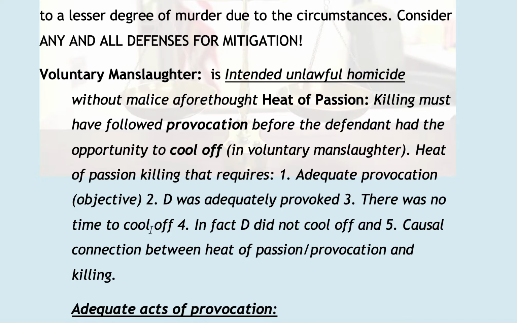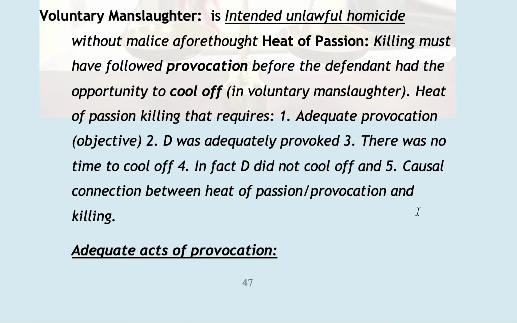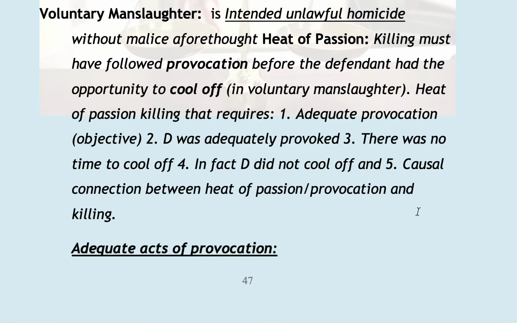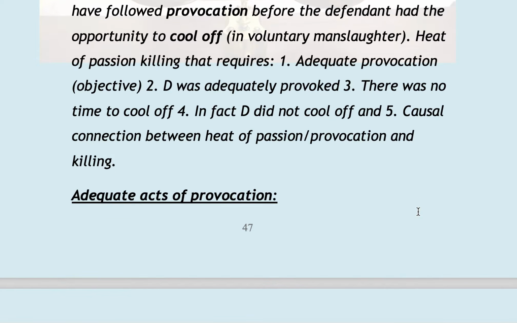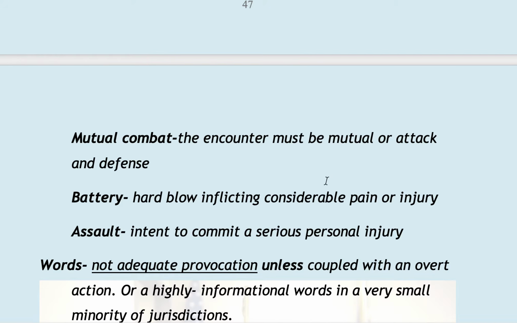Heat of passion killing requires adequate provocation, that's objective, meaning the defendant was adequately provoked, there was no time to cool off, and the defendant in fact did not cool off, and a causal connection between heat of passion, provocation, and killing. Adequate acts of provocation: mutual combat.